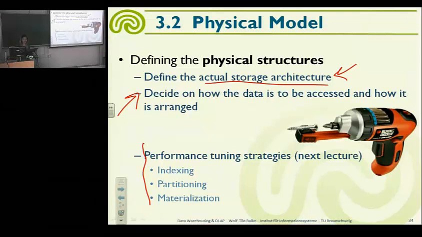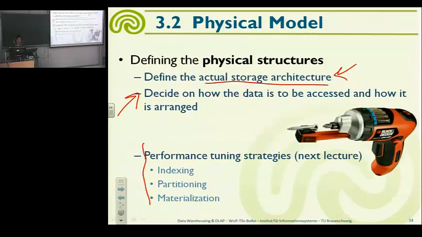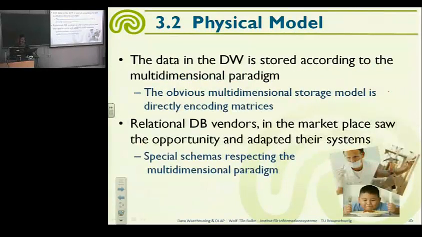One is the multidimensional model, which is often also called the Kimball model. Or the relational model, which is also called the Inmon model. And you've already heard about Inmon, father of the data warehouse. So there are 2 different approaches, and we will talk extensively about both of them. And the obvious thing to do is the multidimensional model, because this is what the data warehouse is.